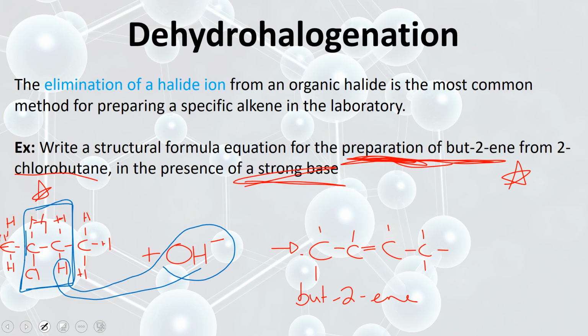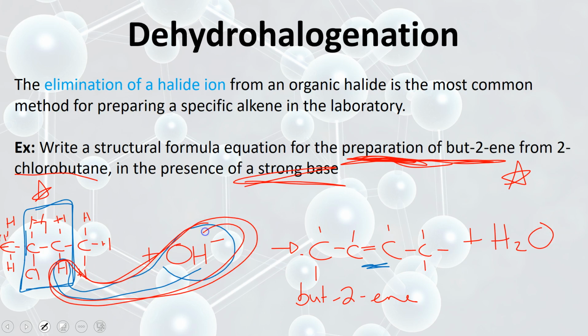Because that's where my double bond ends up being, in the middle. So I have to remove a hydrogen from one of these in the middle. I also end up removing what? That Cl. So what's going to be produced is a water from this right here being removed, and just a chlorine ion. They switch places.